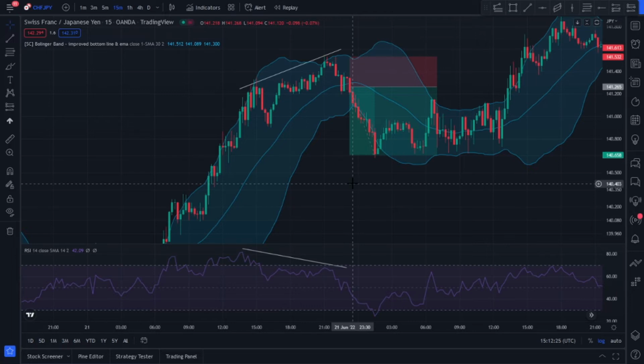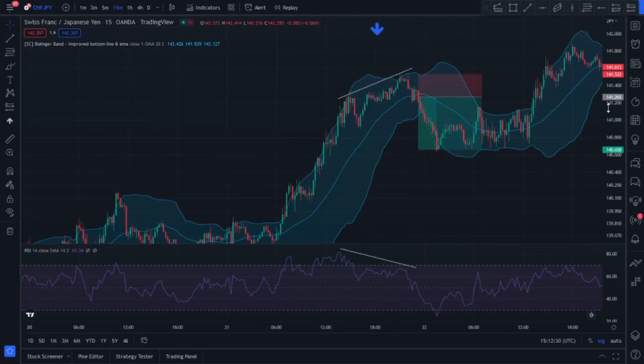In this area, the price has gone down, but the indicator has gone up.